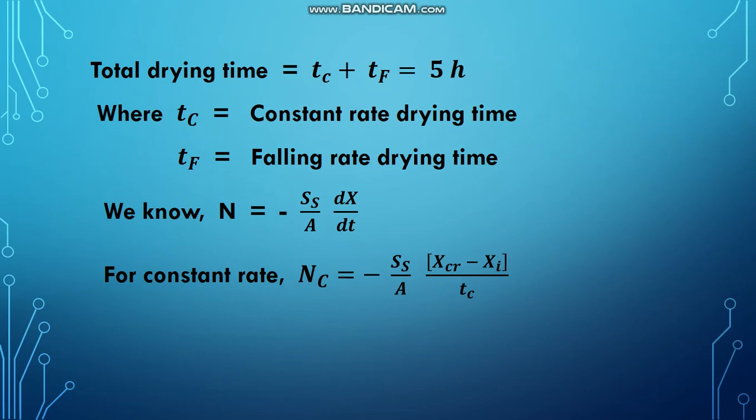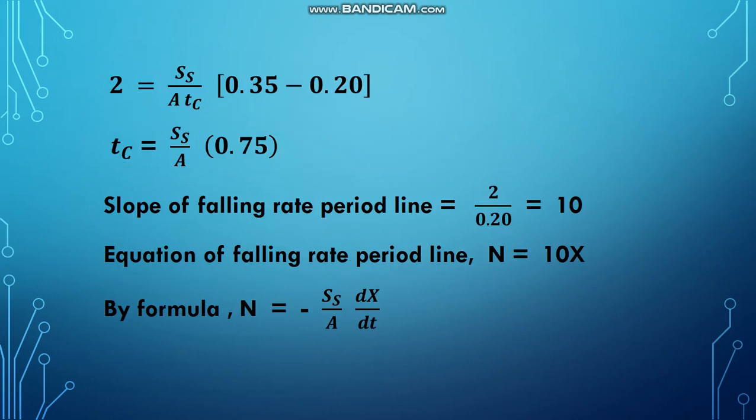Here capital N is given as minus Ss by A into dx by dt. For constant rate, Nc is given as minus Ss by A into Xcr minus Xi by Tc. That is, differentiating the above equation, we get this equation.